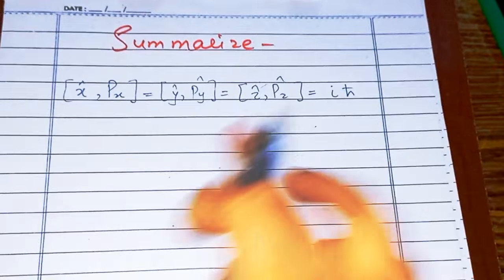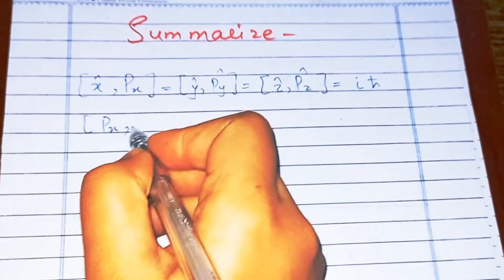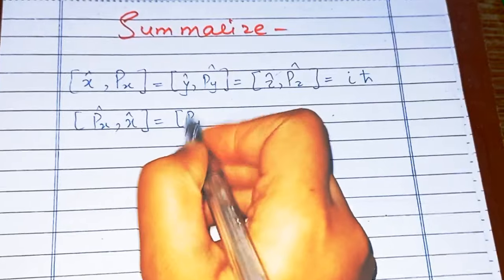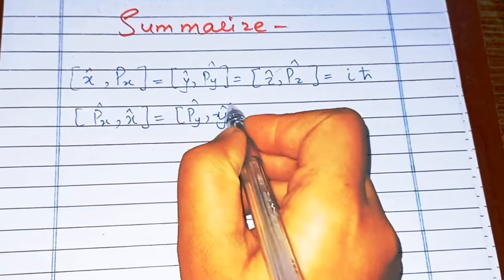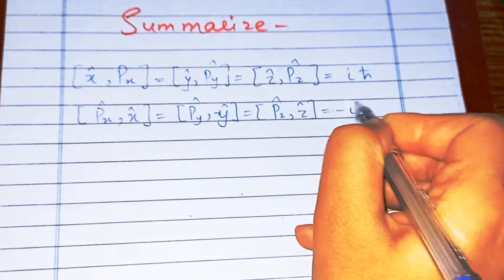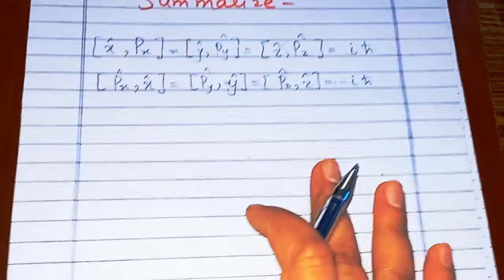If you change the order, with the momentum operator first and the position operator second, we get negative iota h cut. The sign changes, the polarity changes.